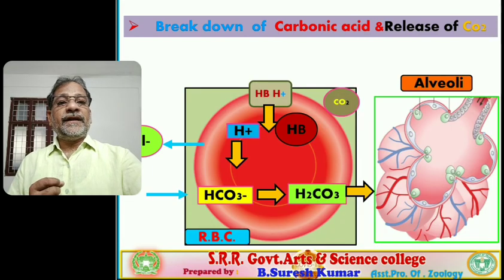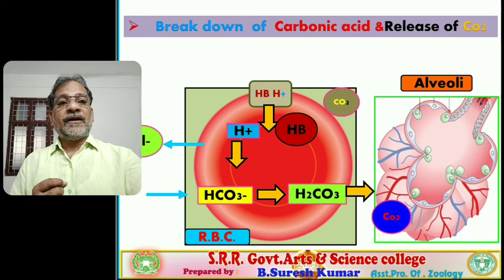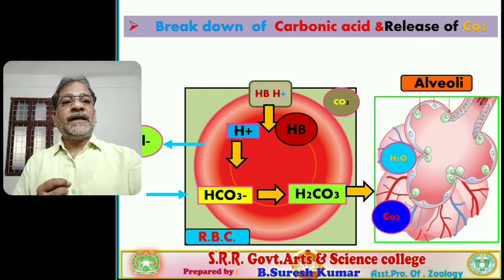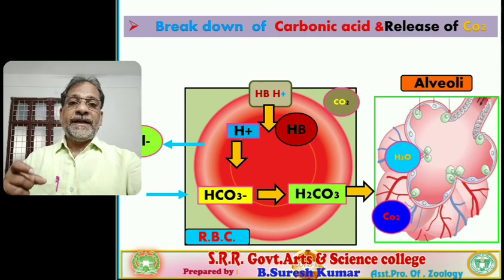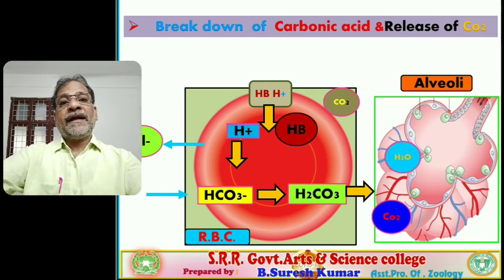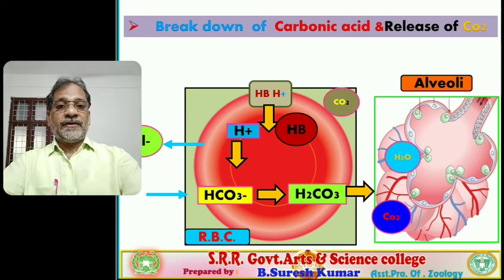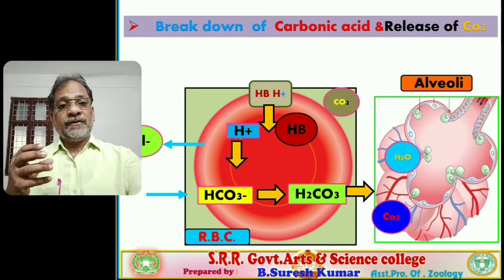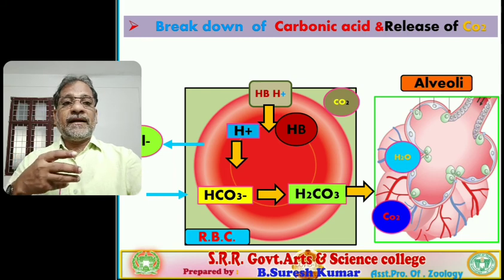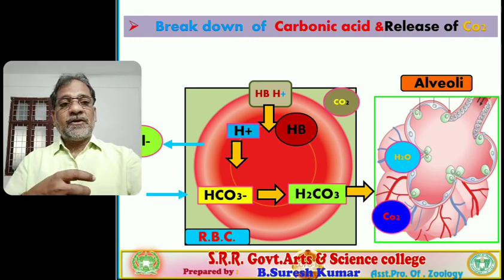Now the next event, the breakdown of carbonic acid. The carbonic acid is produced in the cytoplasm of RBC. Now the H2CO3 breaks down into carbon dioxide as well as water. It is mediated by the carbonic anhydrase enzyme. So here in the cytoplasm of the erythrocyte, the H2CO3 breaks down and gives rise to what?